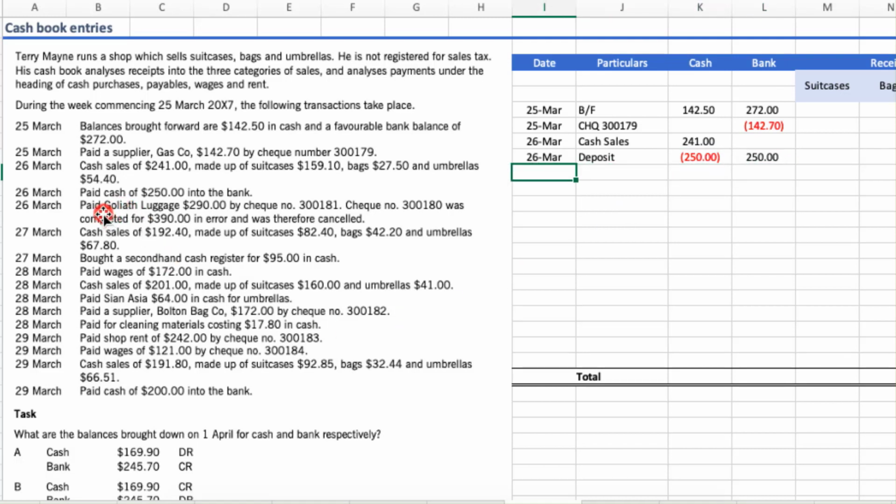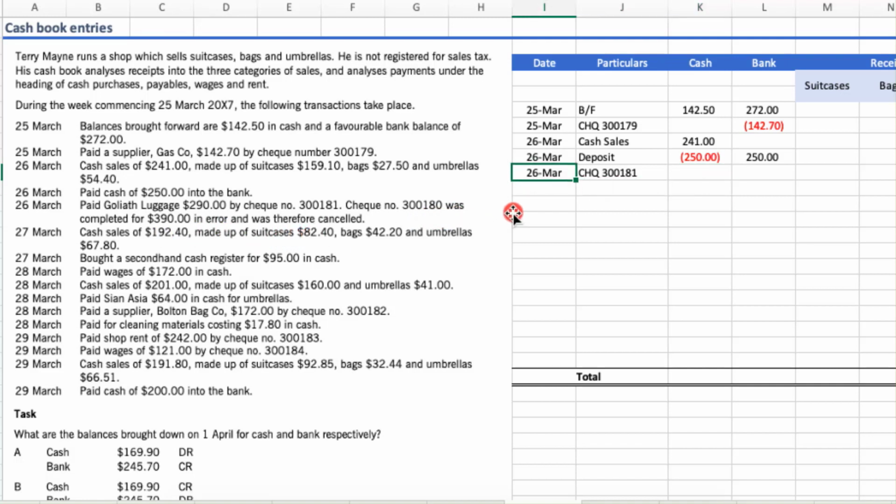Next, on 26 March again, paid G Luggage $290 by check number 300181. Check number 300180 was completed for $319 in error and was therefore cancelled.